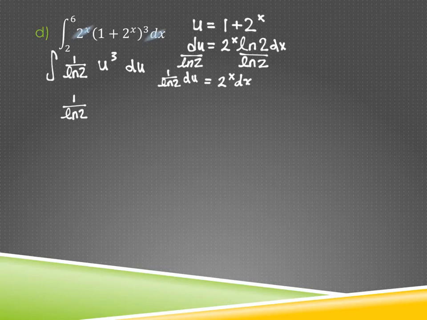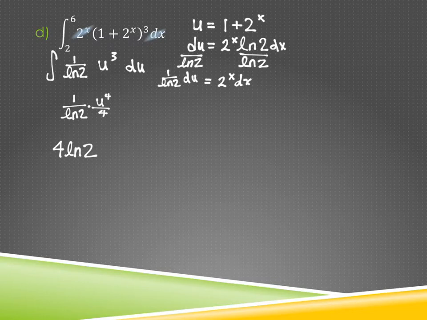U to the third, however, what's the antiderivative of u to the third? U to the fourth over 4. And again, I'd put a plus c if I didn't have limits of integration. I do, so I don't need the plus c. If you'd like, you can write the denominator as 4 natural log of 2. You can't multiply the 4 and the 2. 2 is inside of a log, 4 is not, okay?